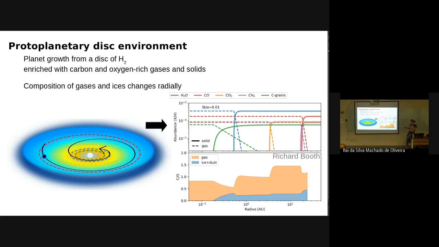And if you then compare the C/O ratio only in the gases, then you have this profile, and then if you do the same only for material in dust, then you get this blue distribution, which is usually very carbon depleted, while the gas has a higher carbon content.